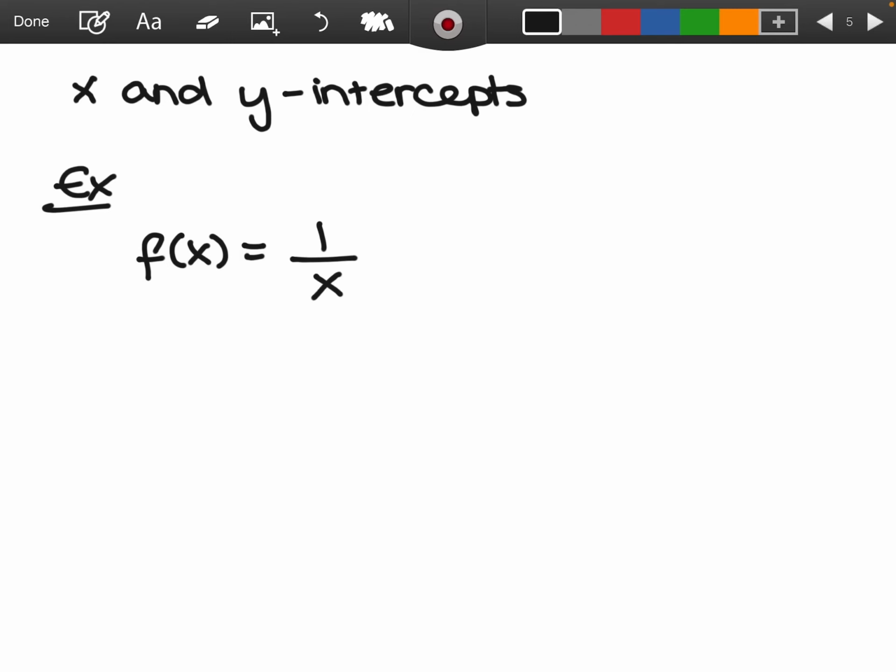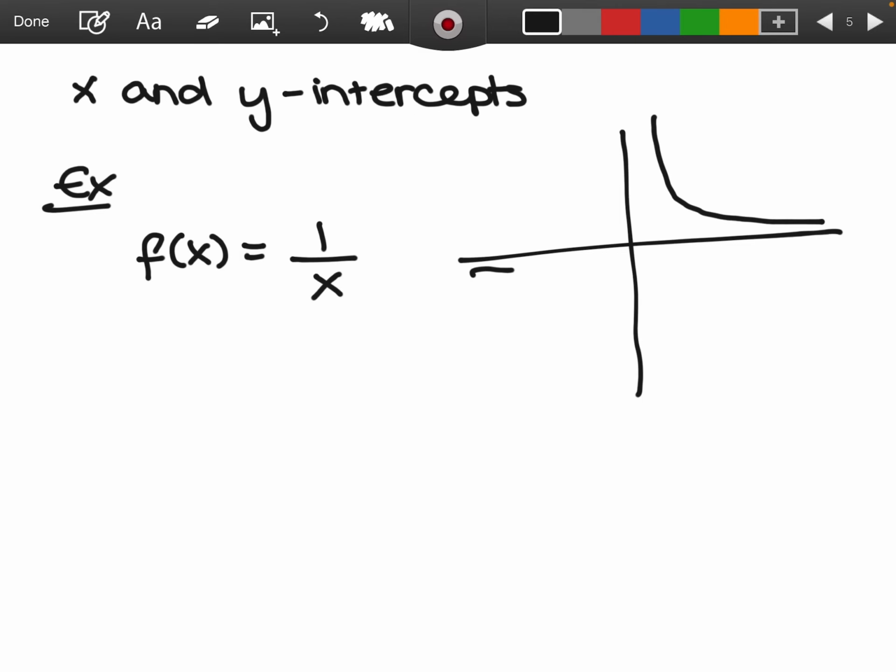You've got the constant polynomial in the numerator, and then you have x in the denominator. This actually has no x or y intercepts. If you go back to the graphs of our basic functions, you can see that the graph of 1 over x looks like this. It never actually crosses the x or the y axes. So this has no x or y intercepts.